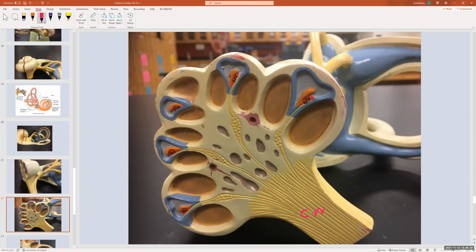These 2.5 turns of fluid-filled sac, think of it like Magic Mountain. I'm sure many of you have visited Magic Mountain or Universal Studios or Disneyland. They have different types of rides, and oftentimes these mountain rides have 2 side-by-side tracks.